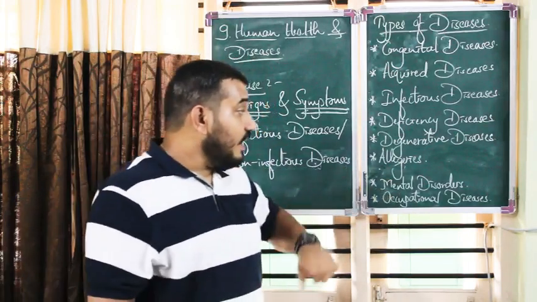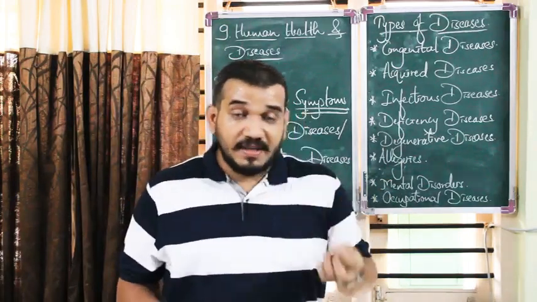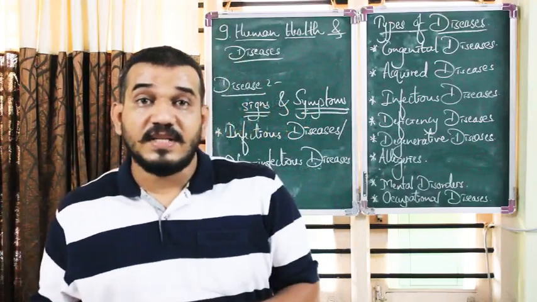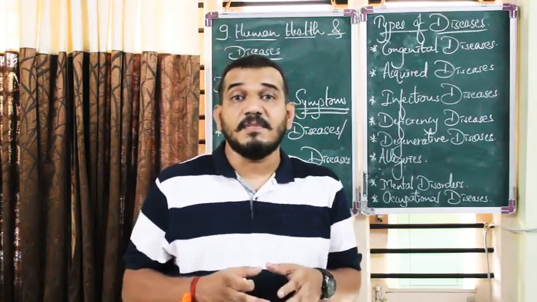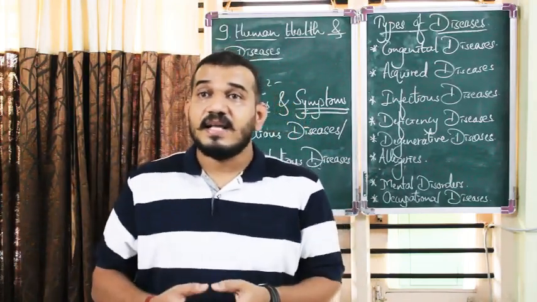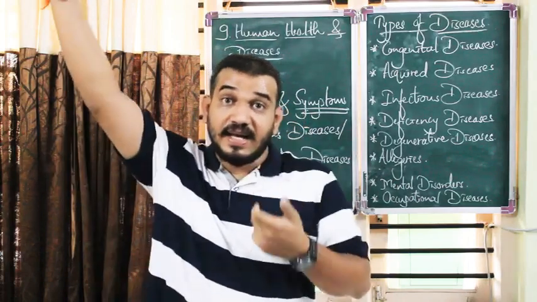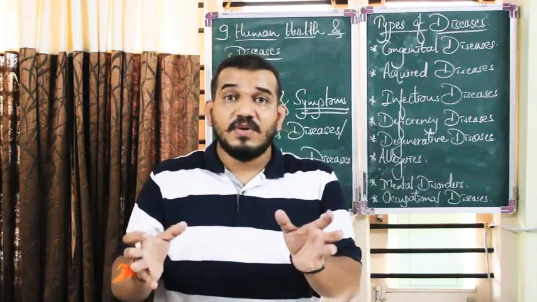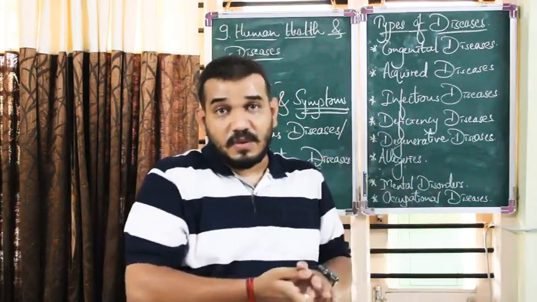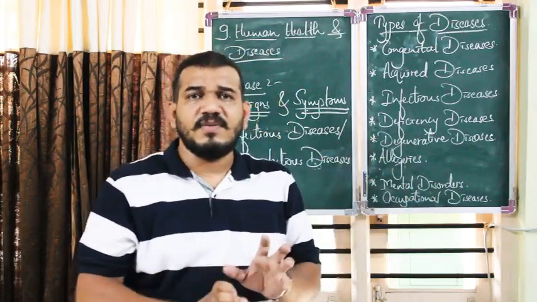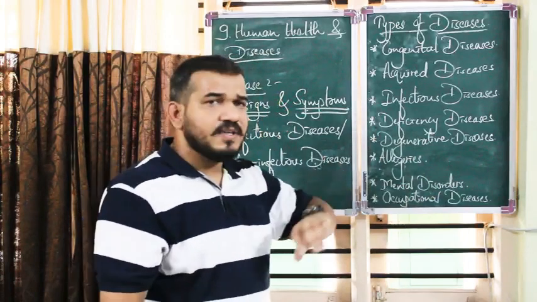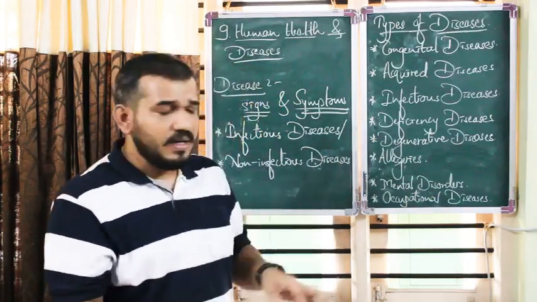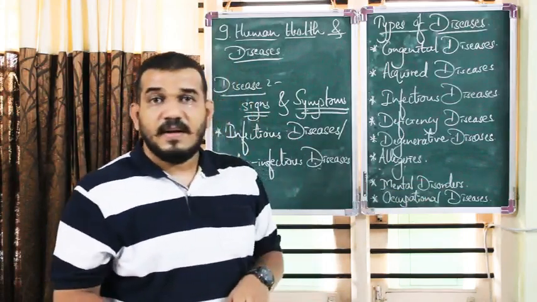The next one is mental disorder. Mental disorders are those diseases where a person suffers from some kind of anxiety. He has a fear of, say, heights or water, or he is not very comfortable in a crowd. So these are diseases related to mental stress or anxiety, or mental disorders.